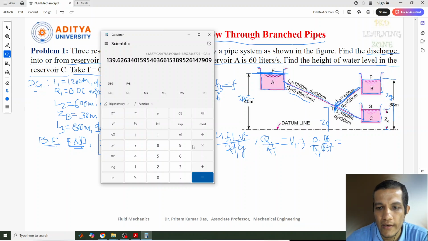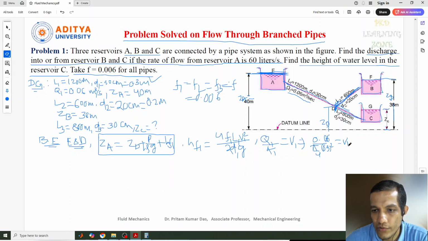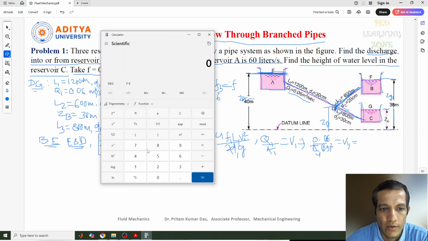Okay, let's see one more time, because this much won't come here actually. Let's write one by one. This is V1 equal to, let's write how much will come. I'll do it one by one. 4 into 0.06, 0.24.